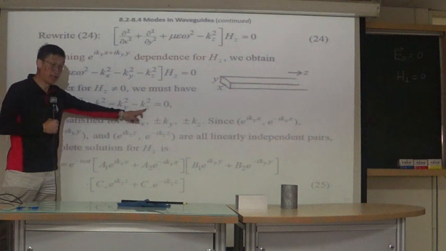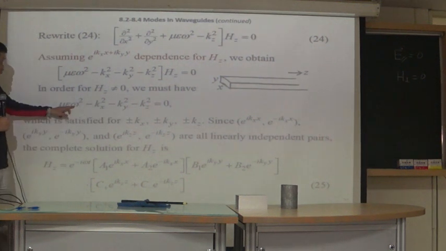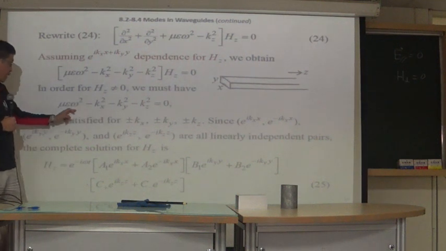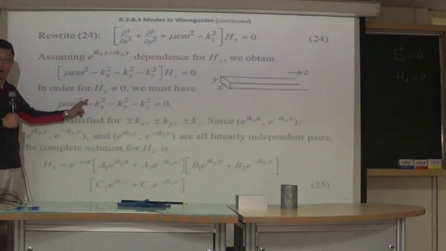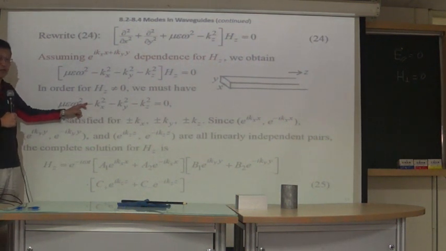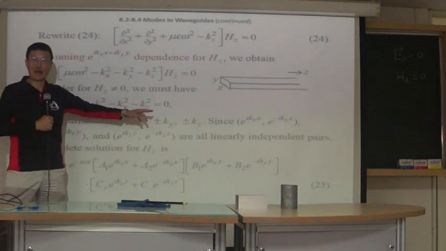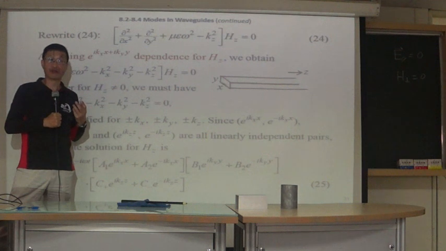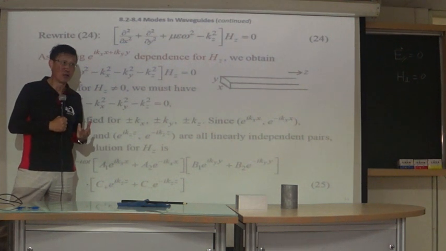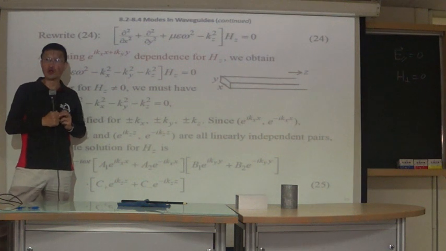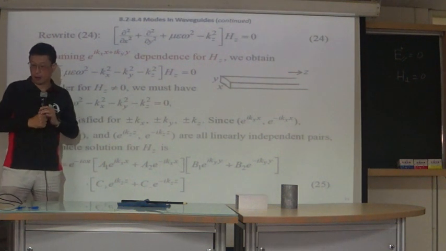Quantize, quantize, quantize. So omega will be quantized. If this one is not quantized, then this one won't be quantized. If we have a relation between omega and kz, then we have a dispersion relation. The omega-kz relation is called the dispersion relation.